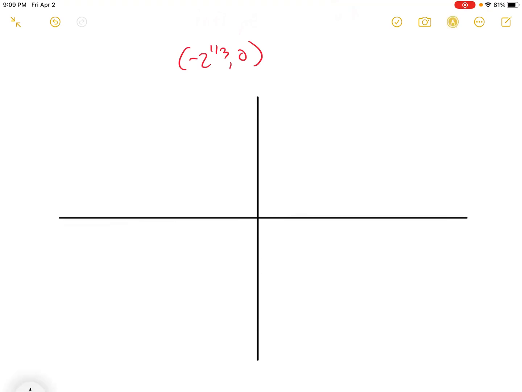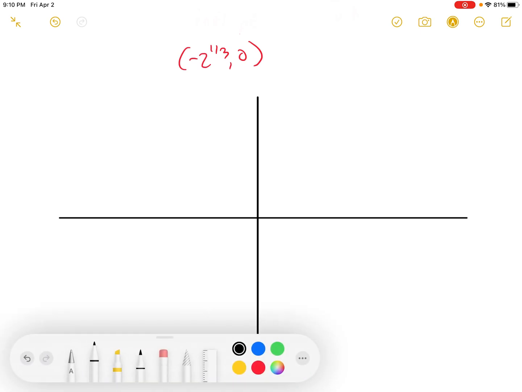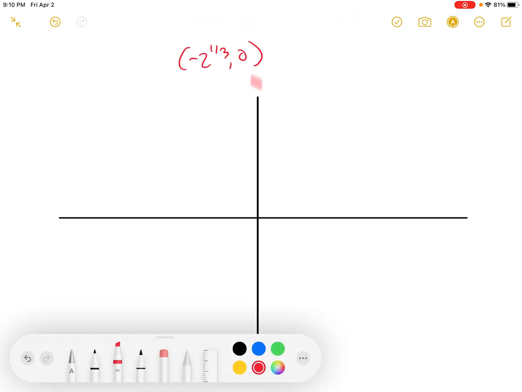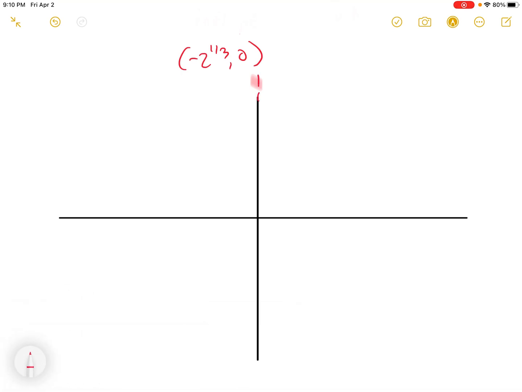And I'll be honest, I'm going to do all the old stuff first. So there's a vertical asymptote at, it's too big. Oh, it's just the shade. Let's do this instead. So there's a vertical asymptote.